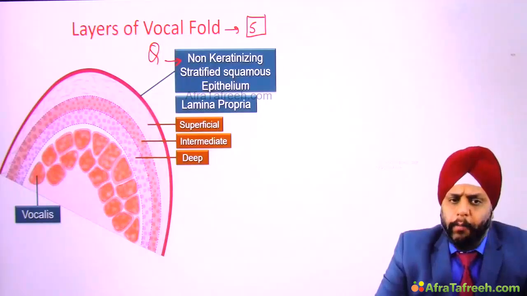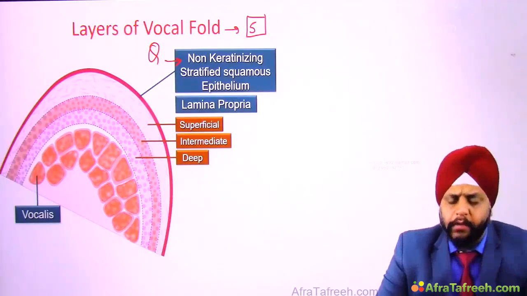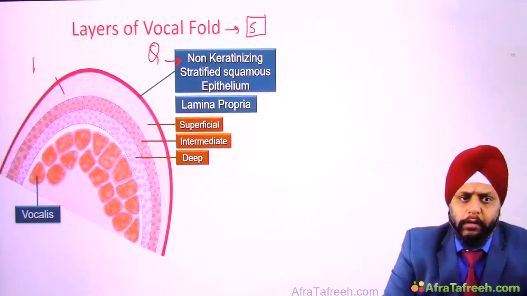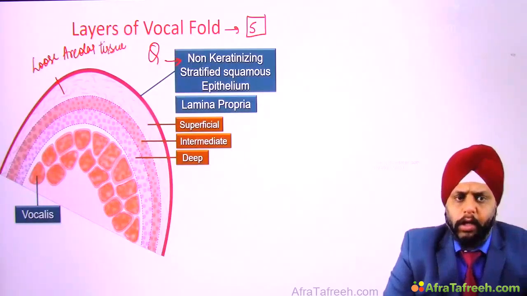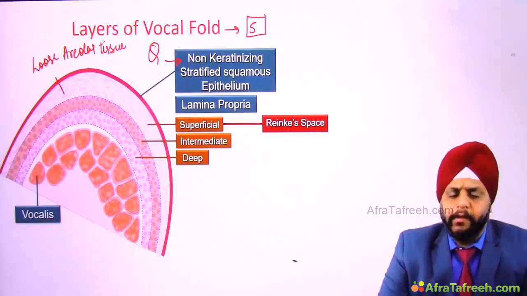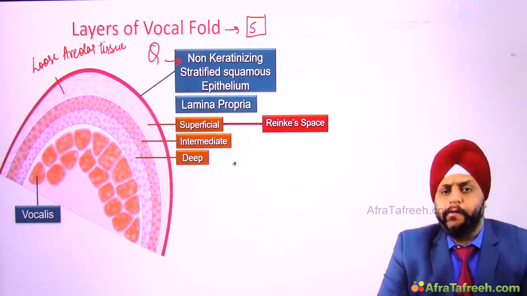Let's look at the superficial layer of lamina propria. This consists of loose areolar tissue. You see over here, this layer consists of the loose areolar tissue, and this space is known as Reinke space.